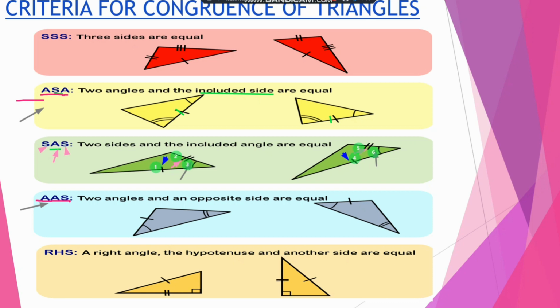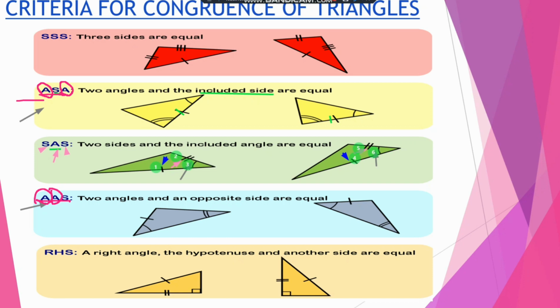In both you can see that there are two angles. One is this and the other is this, and one side. Here also two angles, one is this, the other is this, and the third one is a side. But here the order is different. Here first the angle comes, then the side, and then the angle.